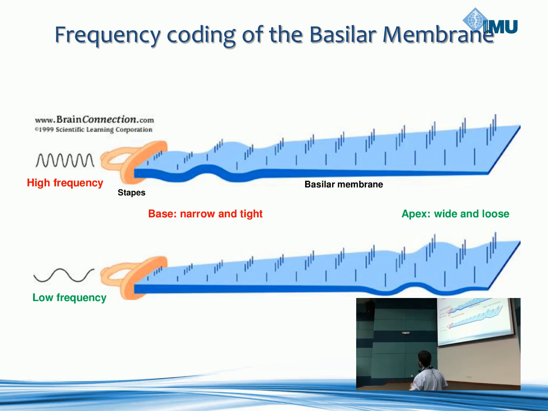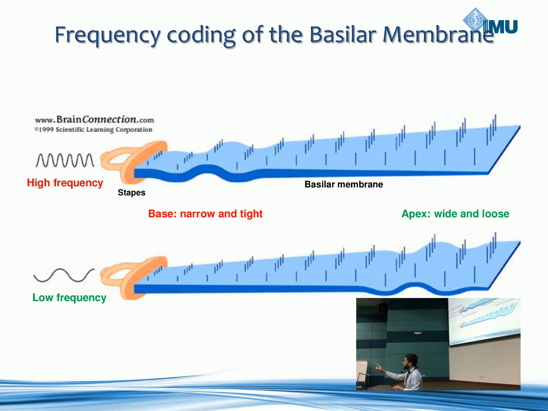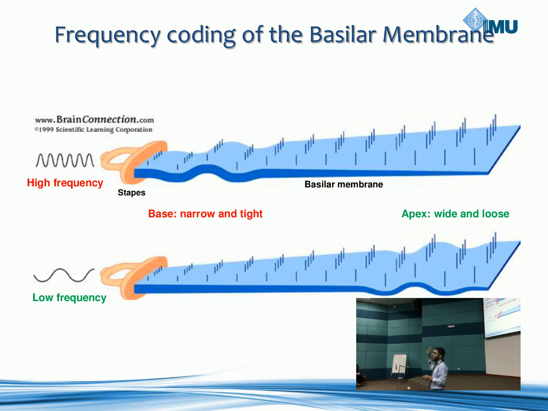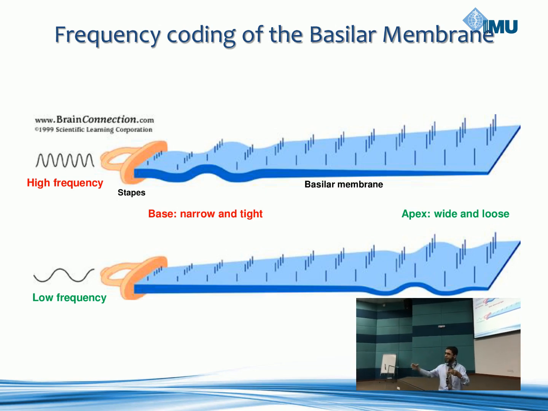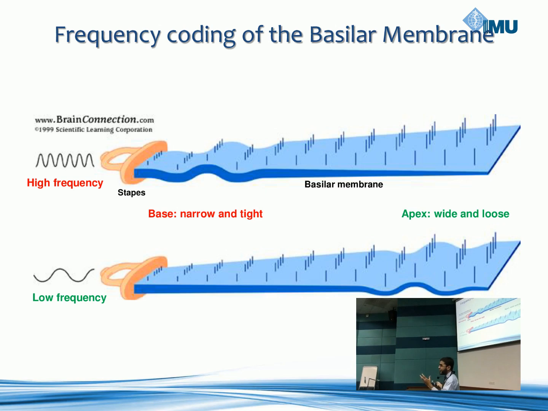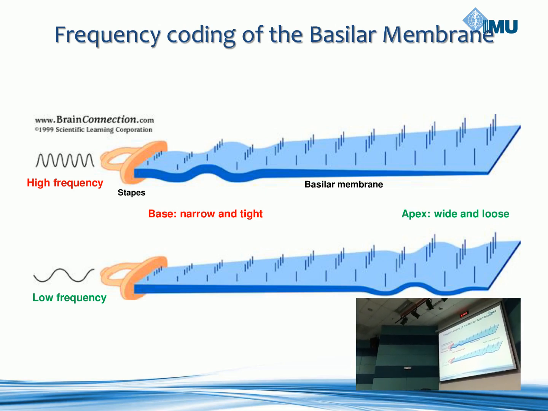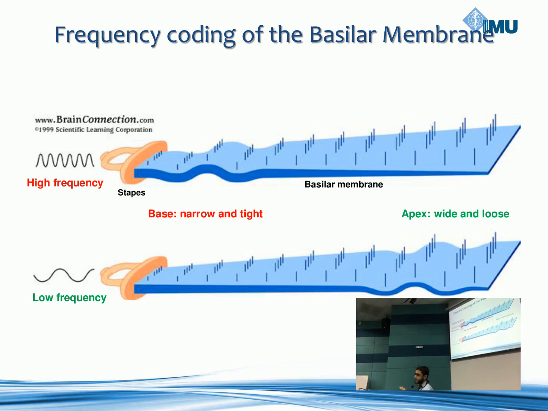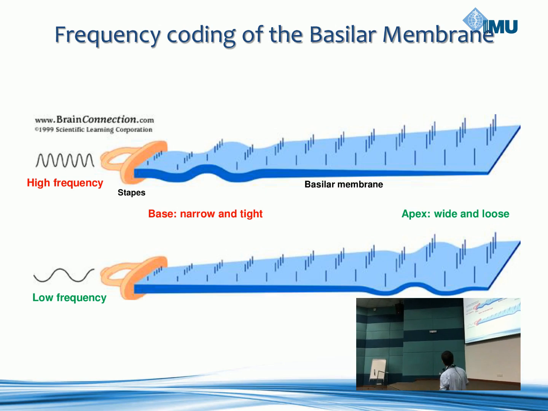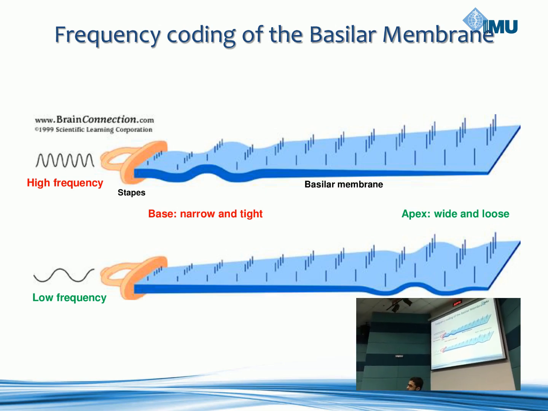So in the next slide, if you look at the basilar membrane from the oval window all the way to the tip of the cochlea, in actuality it is a curved membrane like this, right? But here, in order to show you in a schematic diagram, it has been straightened out. At the base, which is the stapes, the oval window, the basilar membrane is narrow, thick and tight. By the time you reach the apex, it is wide, thin and loose.